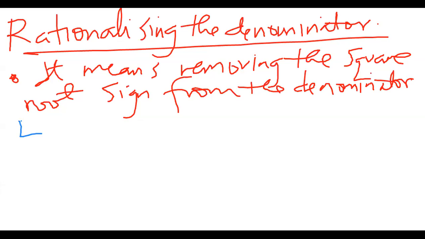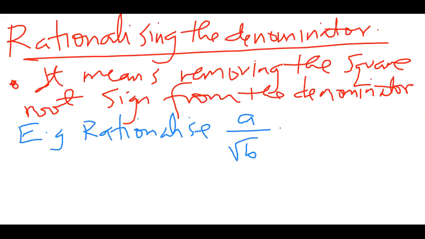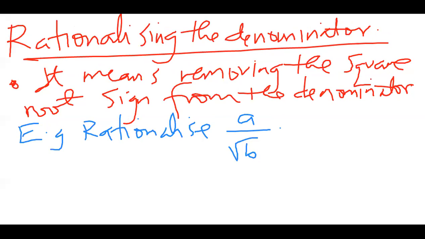For example, you can say rationalize A out of square root of B, like that. Rationalize the denominator. So when you rationalize the denominator, it means that you're going to remove the square root sign from the denominator.